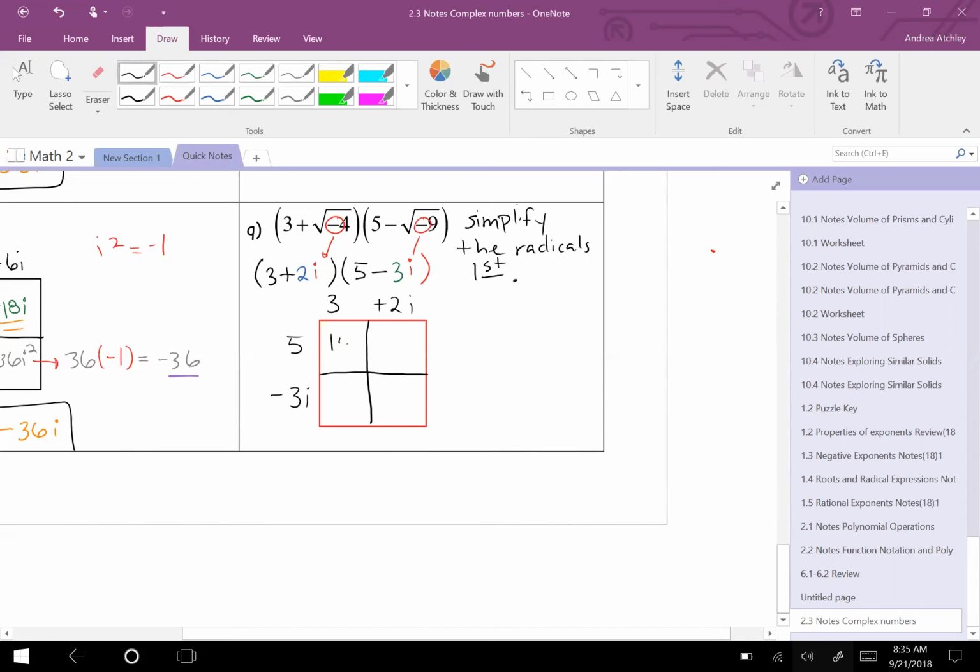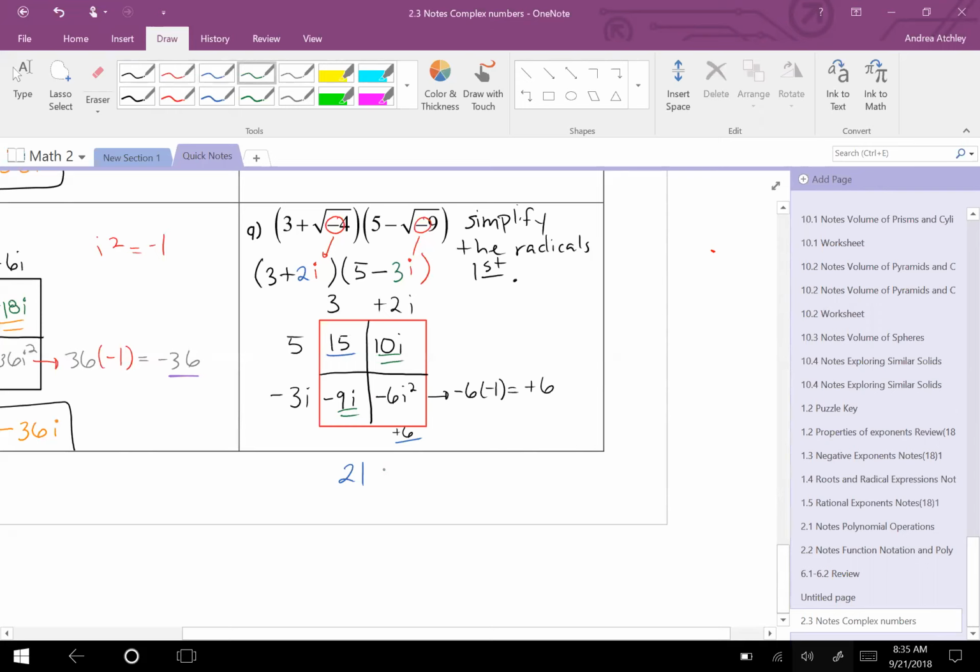So this should have been 15. This should have been 10i. This should have been negative 9i. And this should have been negative 6i squared, which then becomes negative 6 times negative 1, because I squared is negative 1, so my positive 6. Then I can combine my like terms. 15 and 6 is 21. And 10i and negative 9i, they're opposite signs.